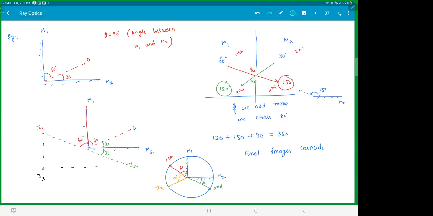And this is 150 from M2. That is also I3. They're overlapping. Are you getting the images? I didn't draw the perfect circle, but that was the meaning. 30 degrees from M2, 150 degrees from M2, you get two images. 60 degrees from M1 and 120 degrees from M1, you get two images, and 120, 150 overlap if the total angle becomes 360.